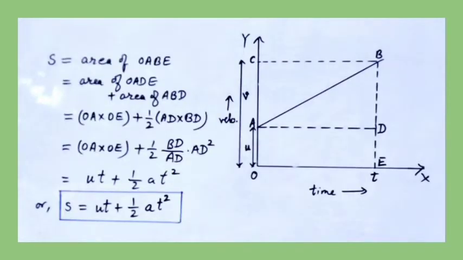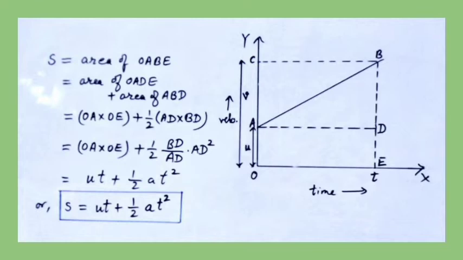We know that distance travelled is equal to the area of trapezium OABE. Therefore, distance s is equal to the area of rectangle OADE plus the area of triangle ABD, which is equal to OA into OE plus half AD into BD.